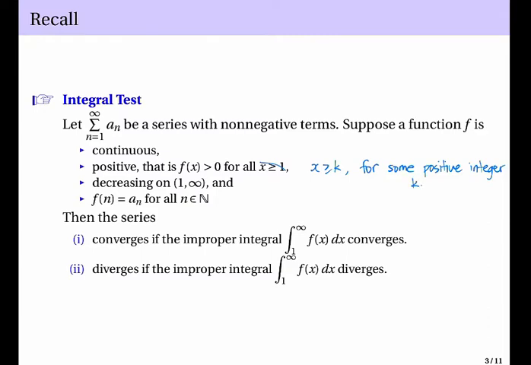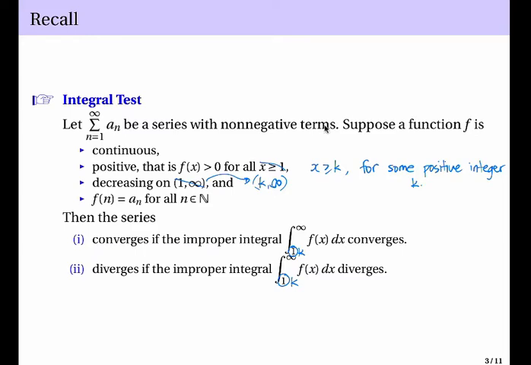And therefore, we can also change the interval where the function is decreasing. Instead of the interval 1 to plus infinity, we can replace this with the interval k to plus infinity. With this modification, we change the lower limit of integration of the improper integral. So instead of 1, we replace this with k, also here with k. And the conclusion remains the same.